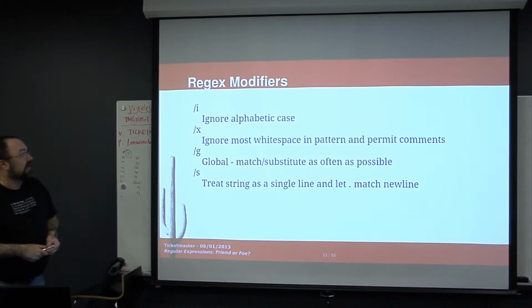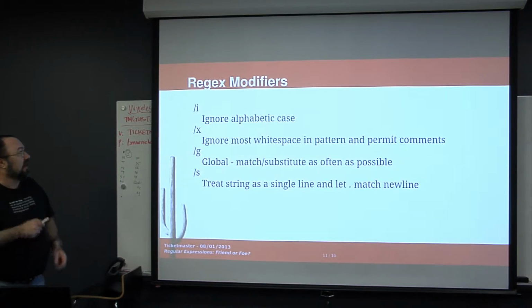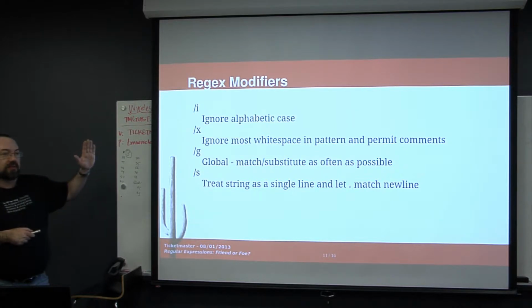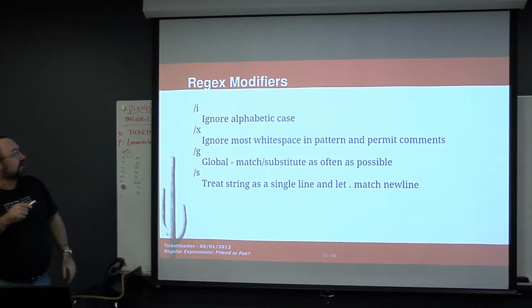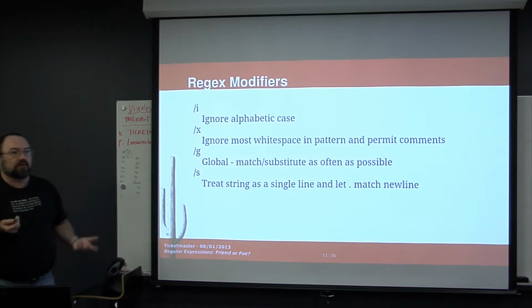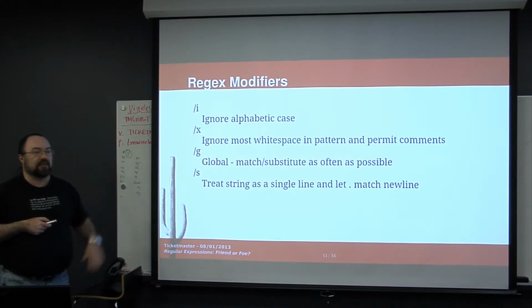Okay. These are the modifiers, or sometimes called flags. I had alluded to this one earlier. You remember the regular expression starts with a / and ends with a /. You put the flags at the end after the closing /. And if you put an i there, it will ignore capitalization.